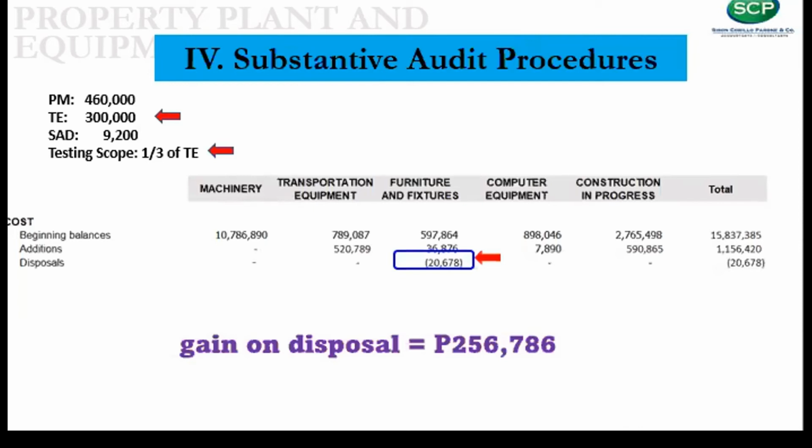It could be possible that there was an error or misstatement in the recorded amount of gain on disposal of fixed assets or in the recorded fixed assets themselves.